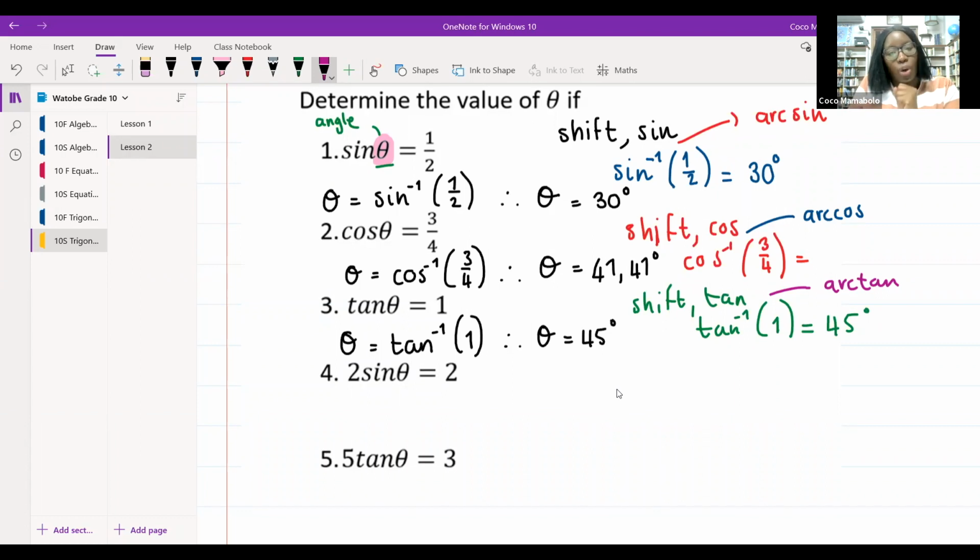It never goes alone. So if I need to keep this by itself, to get rid of this 2, Liabona, 100%. To get rid of the 2, I'm going to divide this side by 2, divide this side by 2. And I saw somebody say, ma'am, my calculator gave me a math error. Yes, because you're never going to get an answer for sine and cos if the number is greater than 1.